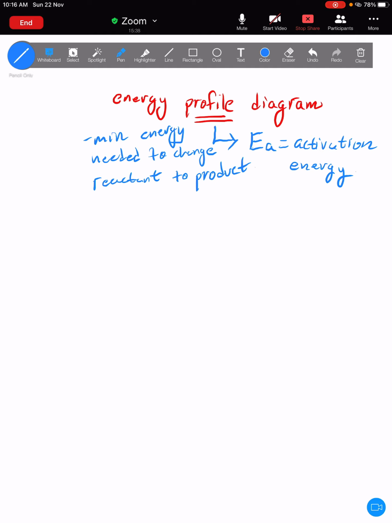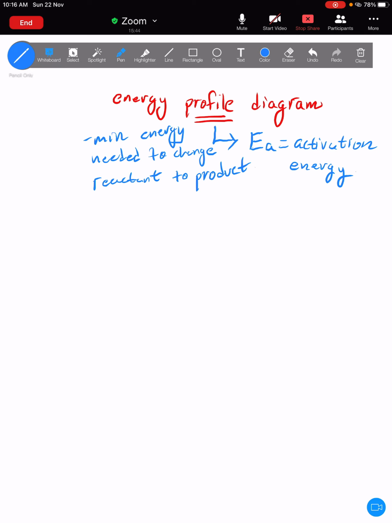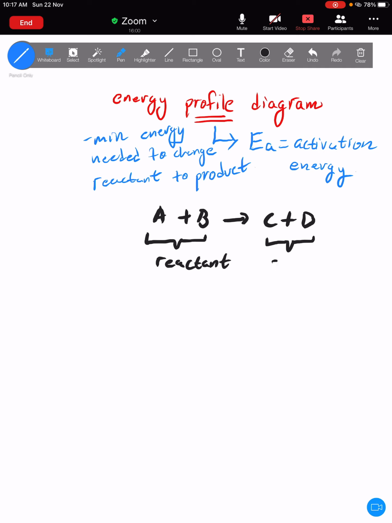Okay? So let's draw the reaction. I'll give you a simple reaction, my dear students. Let's say I have A plus B giving you C plus D. A simple one. Of course, you know AB is the reactant, and CD will be the product.